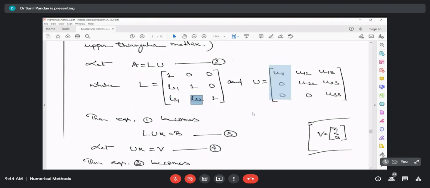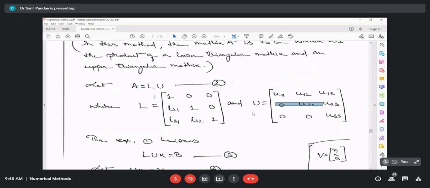Similarly, this is the upper triangular matrix U. Here U11, U12, U13, U22, U23 and U33 we have to obtain, and the entries below the diagonal elements are 0. We have assumed that this is our A matrix of the matrix equation AX equals B. This A matrix is factored into two matrices L and U. L is a lower triangular matrix, and U is an upper triangular matrix. And here the small l_ij and small u_ij we have to calculate.